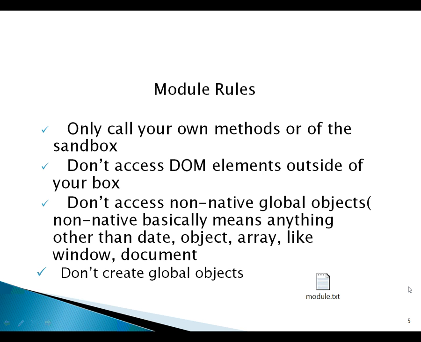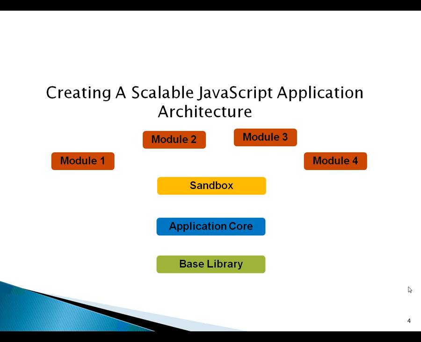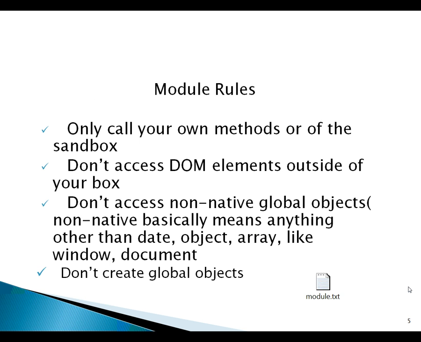Okay, so the rules of the modules, that is module 1, module 2, module 3, module 4, are that they should not call or interact with other modules. That is the first rule. Only call your own methods or those of the sandbox.